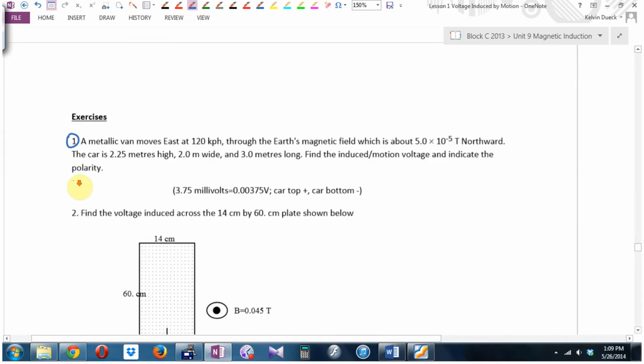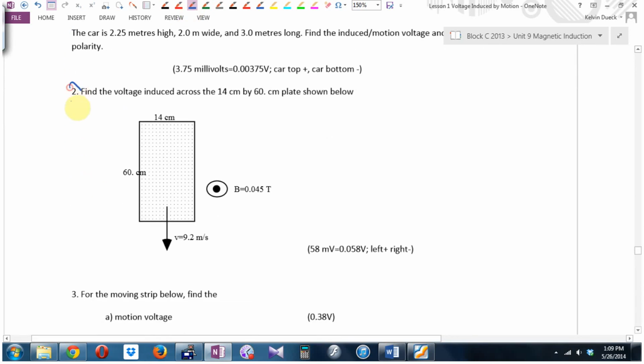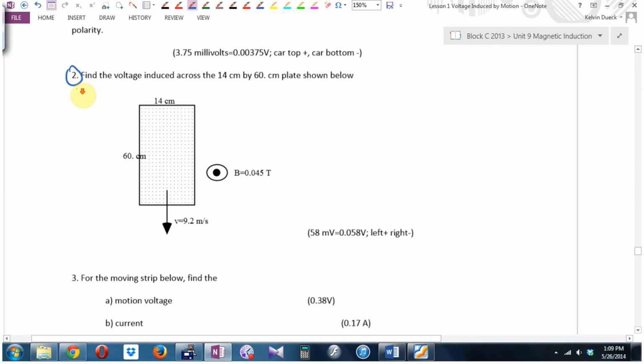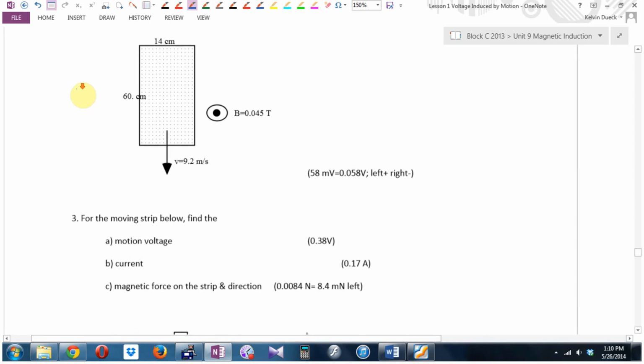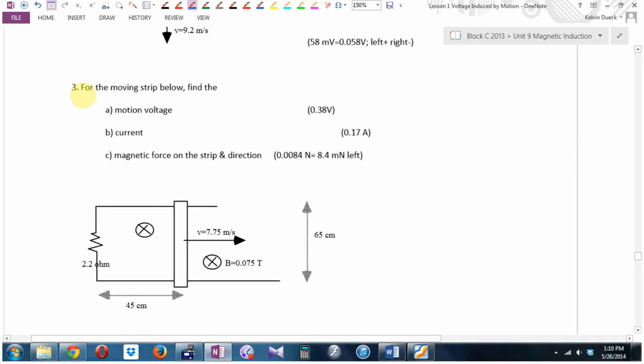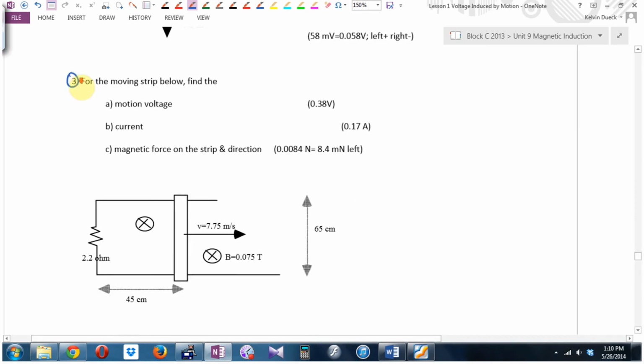Number 1. Number 2. Hey, looking at number 2, which length am I going to use, the 60 or the 14? The 14, the one that's perpendicular to the velocity, right? 3 is fair game.